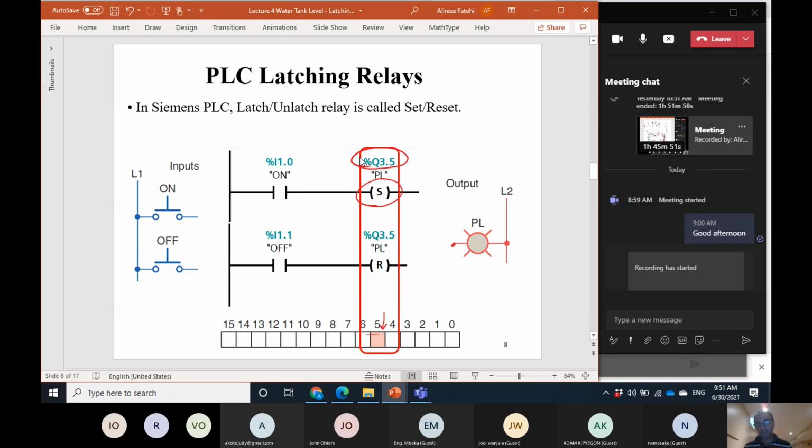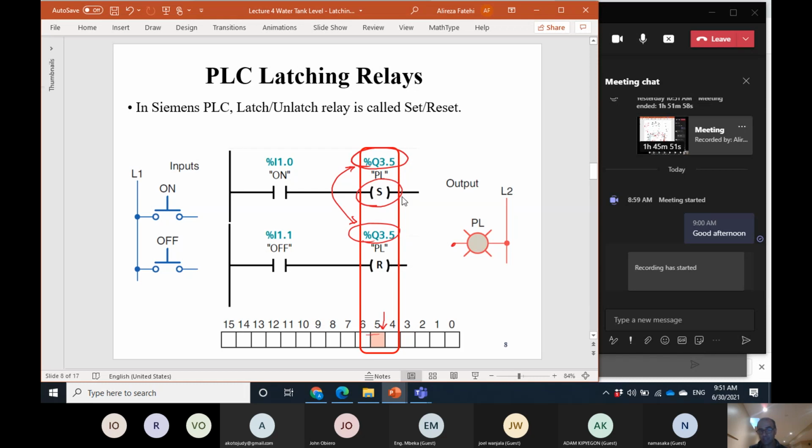So this bit memory is set or latched by this assignment coil, and reset by this one. You see, they have the same address, so both of them address the same bit. But this is the set and this is the reset assignment coil.